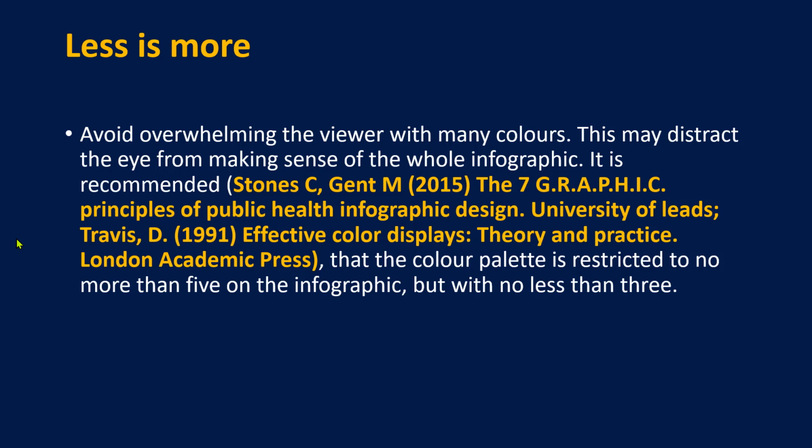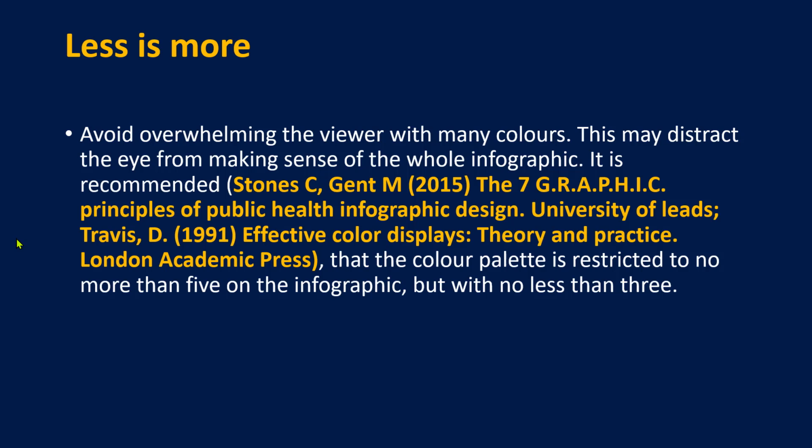In fact, the work by Stones and Gent, a publication on the theory and practice of infographics, says that you should have no more than 5 colours, but no less than 3. That has come from work they've done with focus groups, understanding what works in getting the message across.